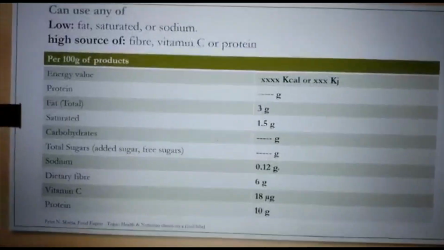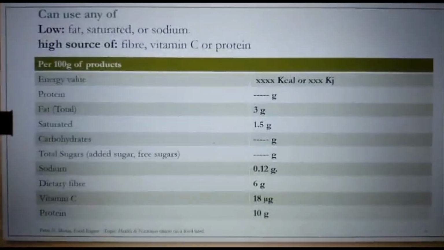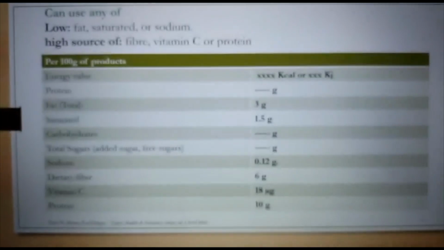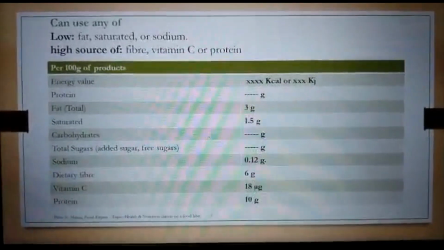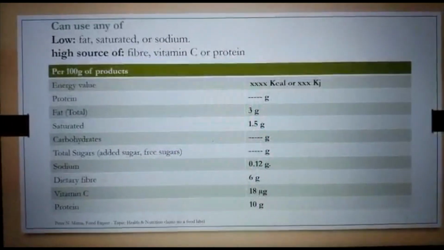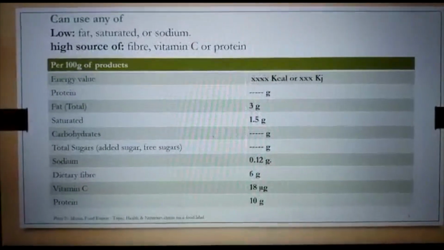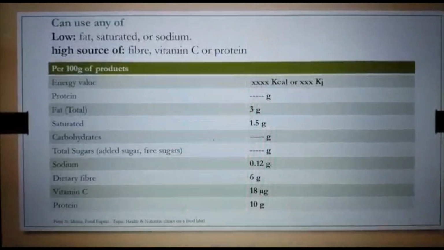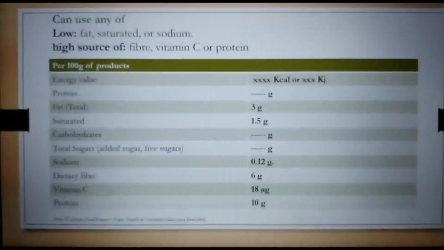For example, assuming this is a product label that has been labeled properly, it has the full nutritional information, it has even the levels that are declared for each of the product. Assuming it is a label, this means the manufacturer of this product may choose to use any of these claims.